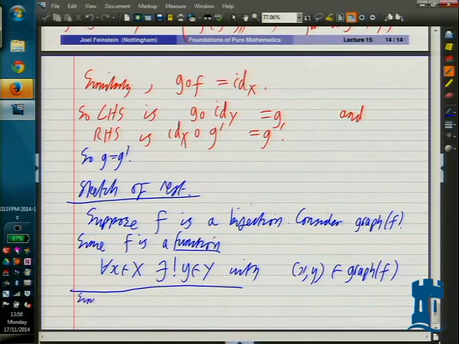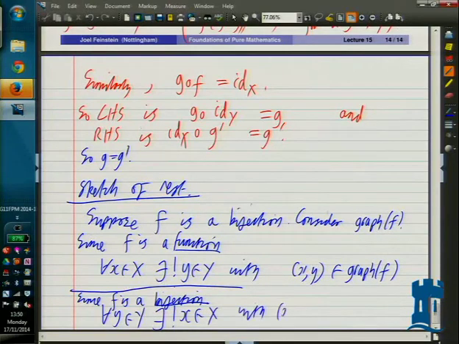Since f is a bijection, we have for all y in Y, there's a unique x in X with (x, y) in the graph of f.